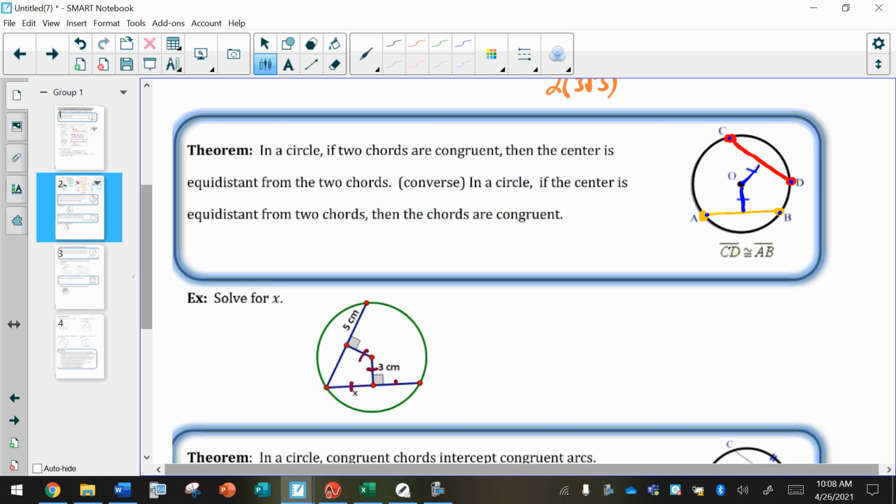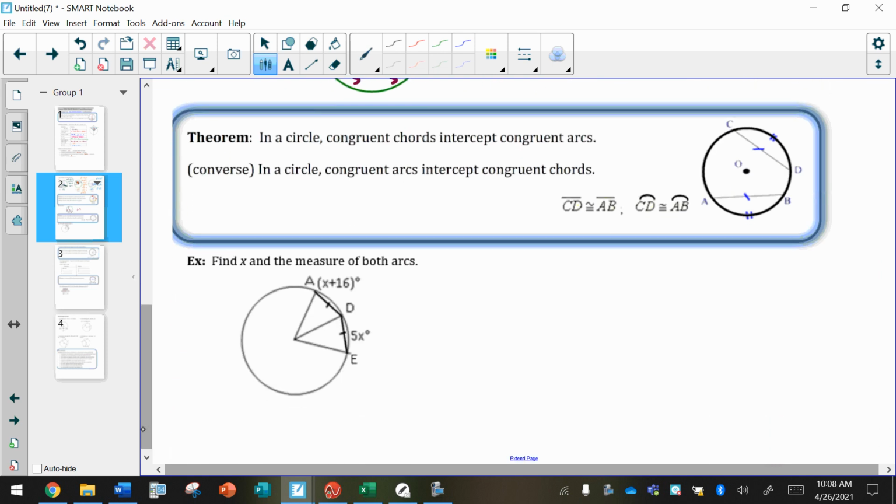So that means these two chords are equal length and they are both bisected, which means all of the half parts are 5, so x is equal to 5. 5 here, 5 there, 5 there, given 5 there. So both chords have length 10 centimeters, each half is 5.